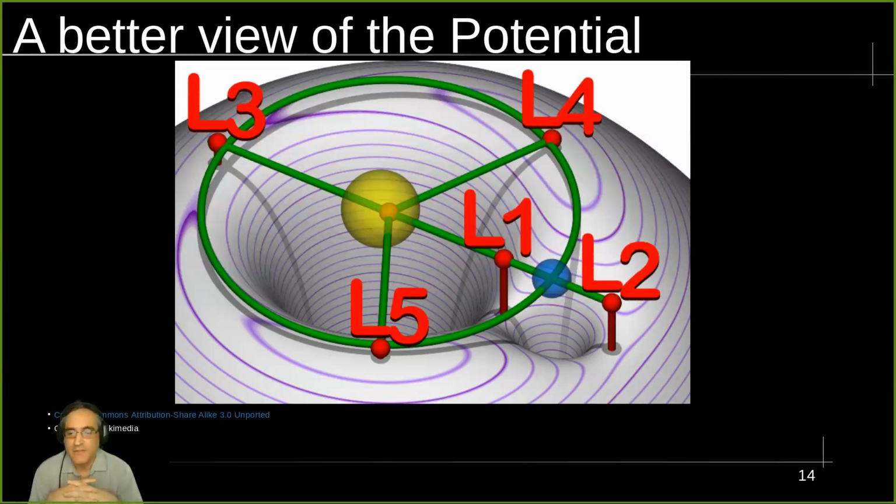I certainly, when I was making this, thought that the L4 and L5 were a bit easier to understand, but that's probably because it clicked first. But we'll talk about L4 and L5, and then we'll come back around and talk about L1, L2, and L3. But are there any questions at the moment? I'm hoping I didn't use too little math for once. I kind of threw all the math out.